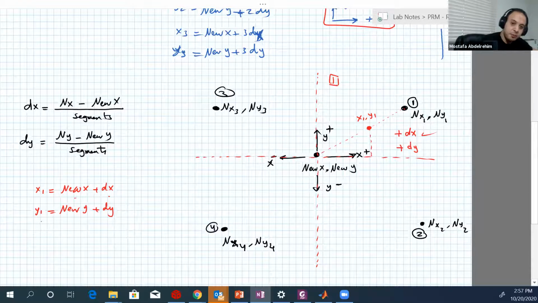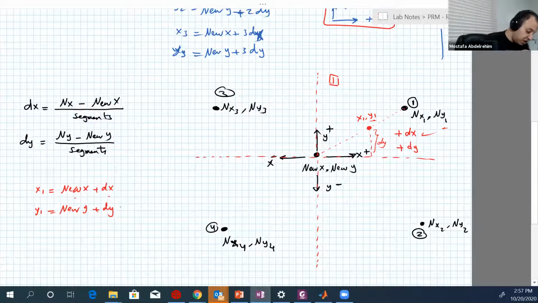How about y1? y1 is equal to new y plus dy, so it should be positive. It should be added. Let's check. dy is equal to ny1 minus new y, and new y is less than ny1, so this will be positive. So we're really adding in here.